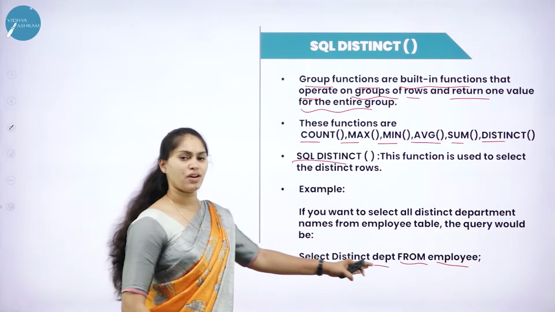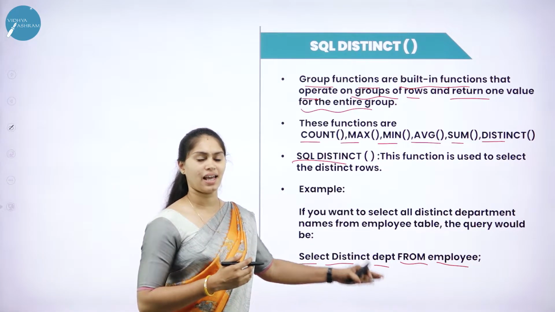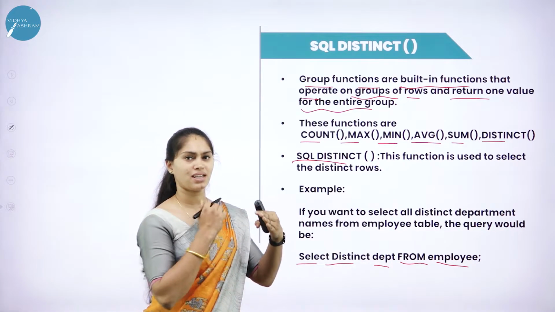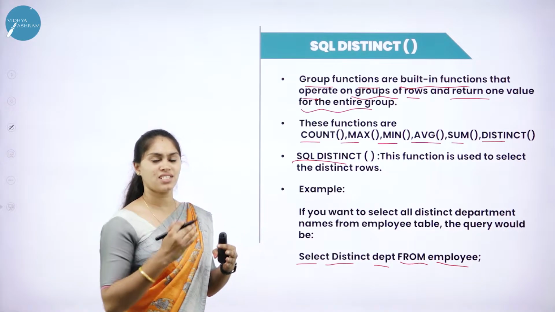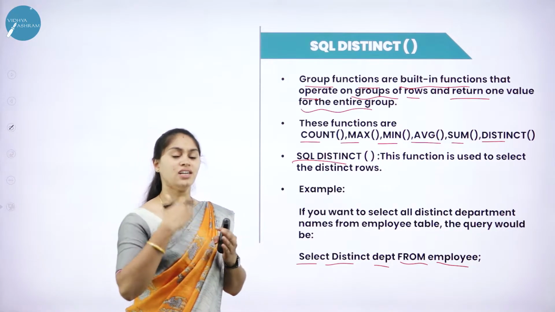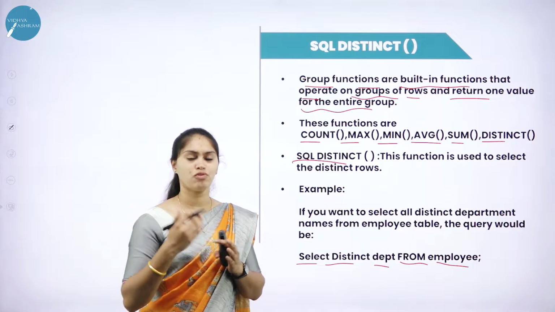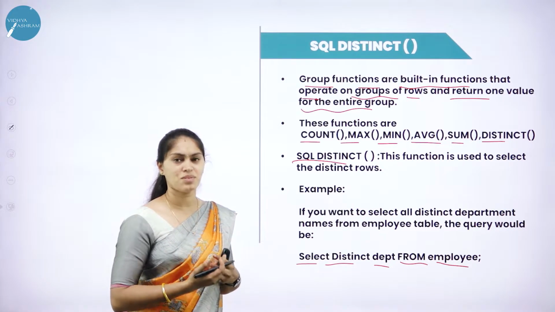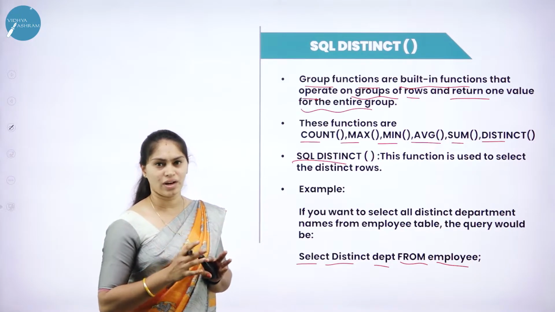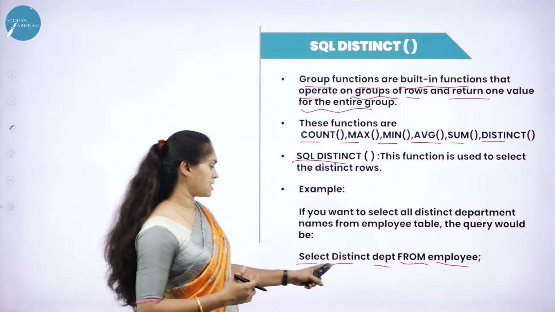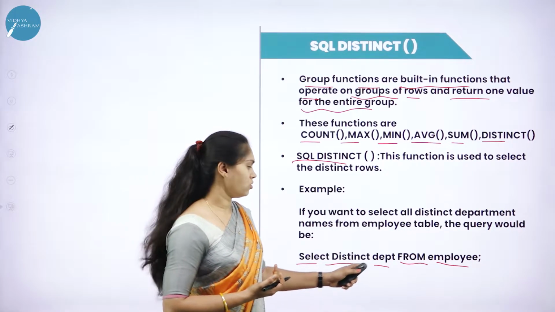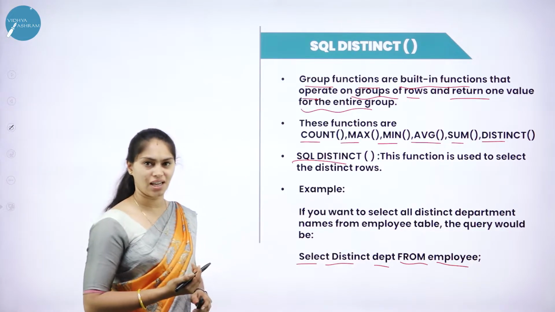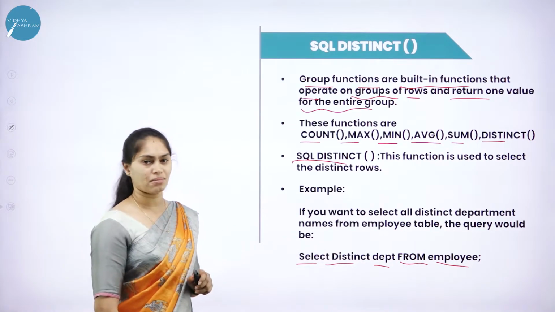If I have n number of departments, imagine I have mathematics, biology, physics. If physics is repeating 5 times and mathematics is repeating 4 times, instead of giving all the values 4 or 5 times, it will give only one time. It gives the result as a distinct value from this employee table of the column called department.